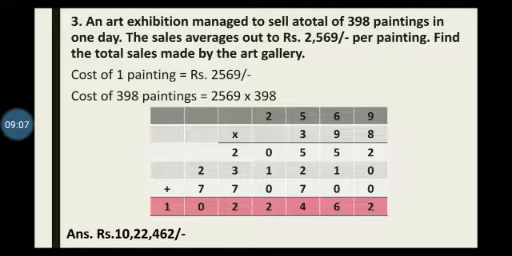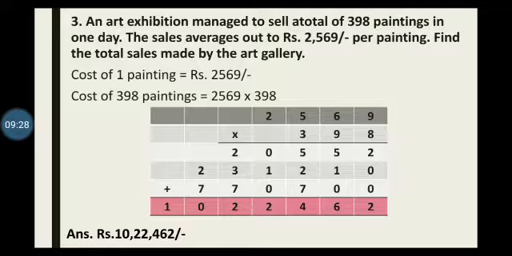So 398 paintings in one day, a person in an art exhibition was able to sell. The sales averages out to be 2,569 per painting. Find the total sale made by the art gallery.